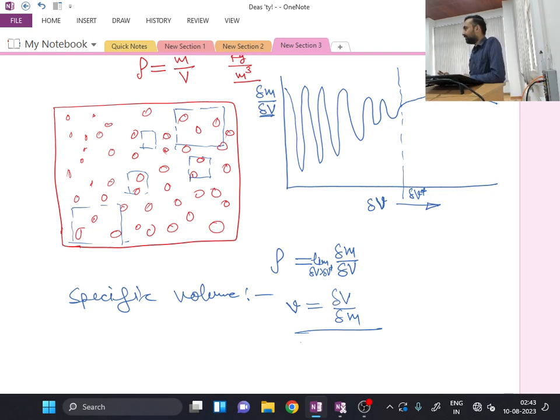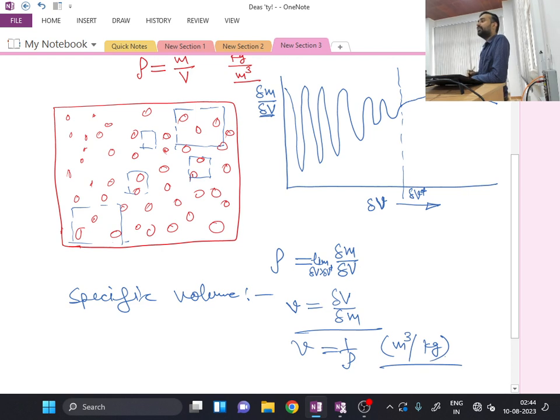You will study all the specific properties in detail in thermodynamics, but I introduced it here because specific volume is a term we will refer to many times in this subject. Specific volume is nothing but 1 by density, so its unit will be meter cube by kg in the SI system of units.